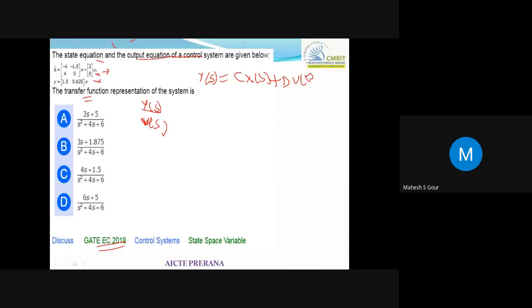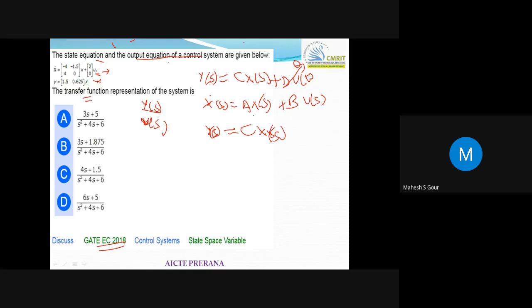Here D is 0. X dot of s is Ax(s) plus Bu(s). Since D is 0, as given in the problem, Y(s) will be equal to Cx(s).